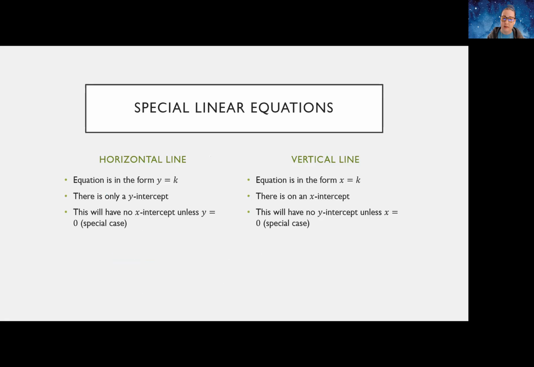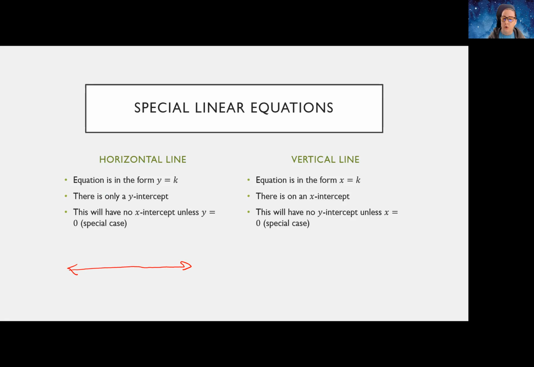So we've got these two special types of linear equations, the horizontal line and the vertical line. Horizontal lines, in case you do not recall, go straight left and right.